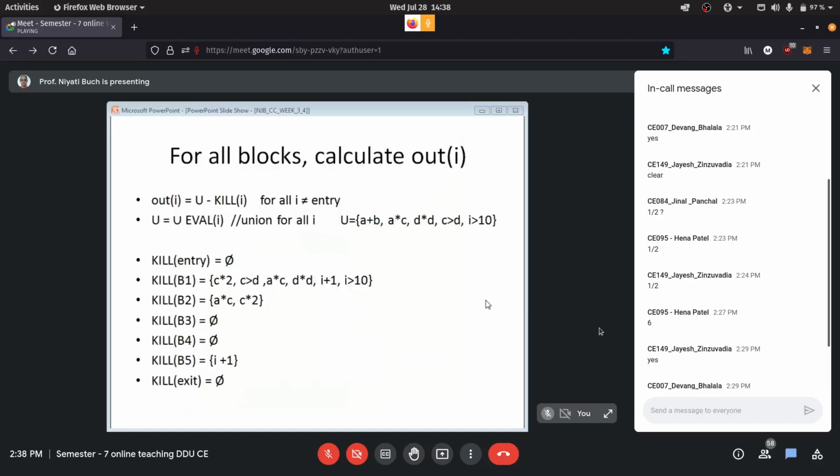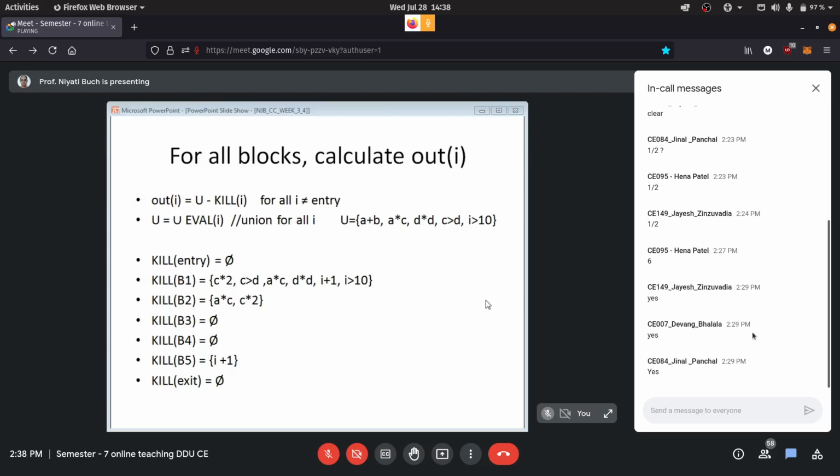As I told you, the first step is to calculate out of I for all the blocks. For that we need to find the set U and kill of all the blocks. I have put that into the slide, so you can quickly copy it down if you wish. U is the union of all eval sets.